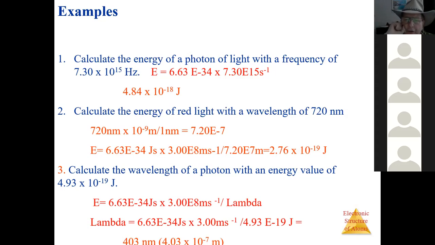That will give us the frequency. We can then take the frequency and divide it into the speed of light, and we will end up with our wavelength. I did it a little bit funky here, I realize. Here I use the equation E is equal to hc divided by wavelength. I solved it directly rather than going through the frequency.